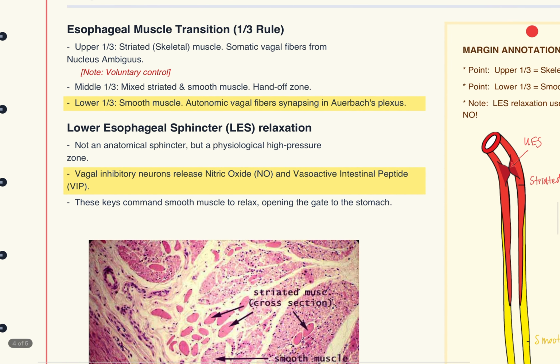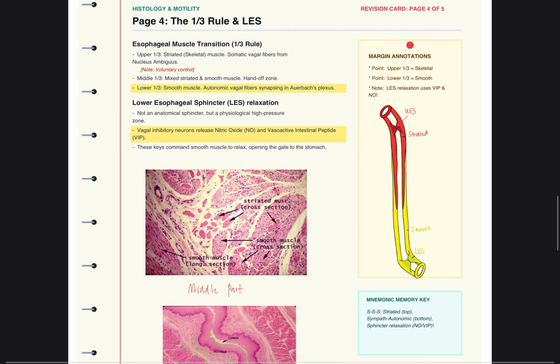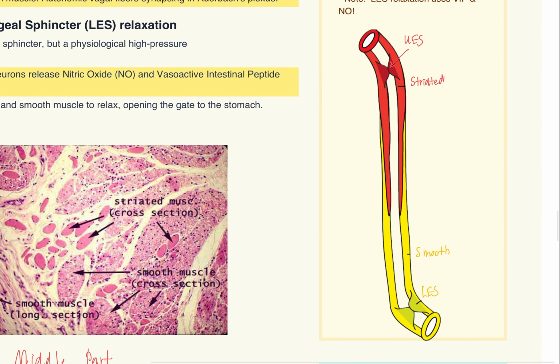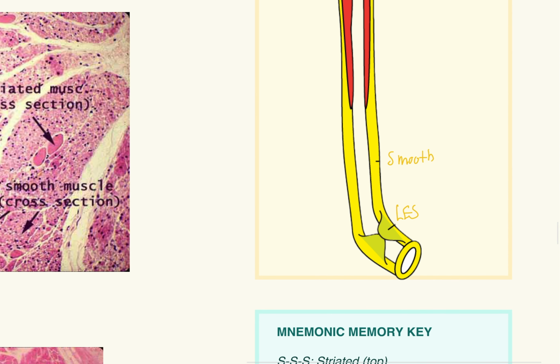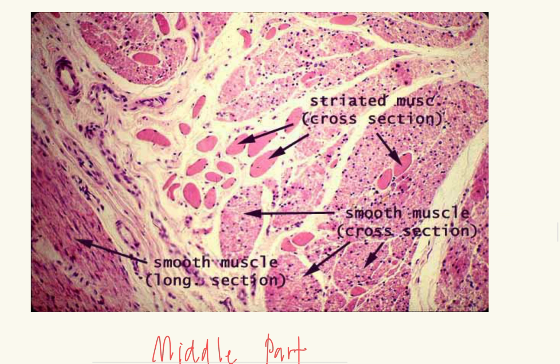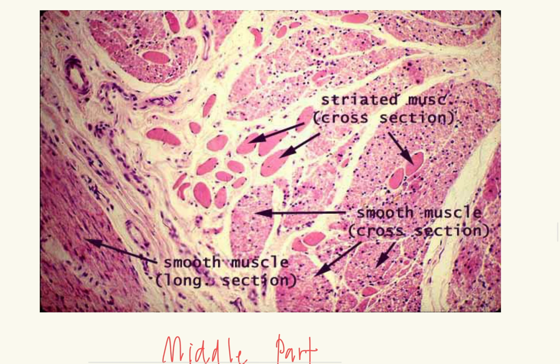If we talk about the esophagus, it has different sorts of muscles. The first part is striated, the middle part is mixed, while the lower part is smooth. Here we can see the middle part of the esophagus. We can see the striated muscles and smooth muscles as well. Here you can see smooth muscles in two different ways.